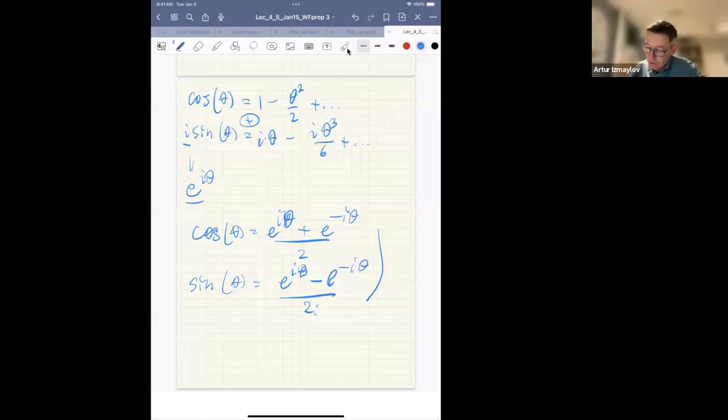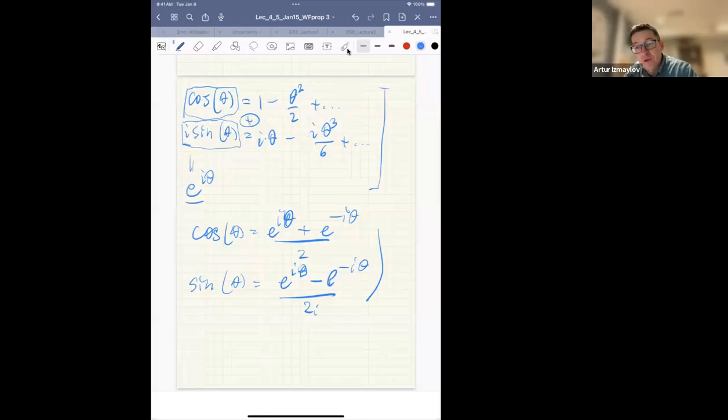I like to think that Taylor series is probably the most fundamental way of connecting these functions, because after all, what is a function? Non-polynomial functions are just Taylor series. If they are nicely behaving, they are representable by their Taylor series. And that's what we mean by exponent or sine and cosine.